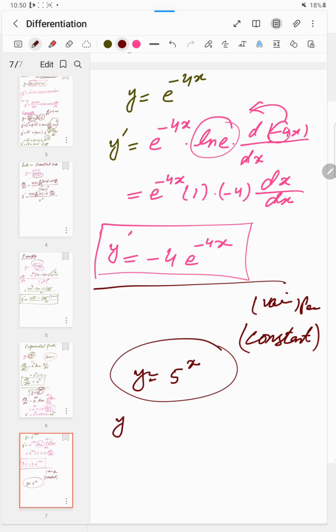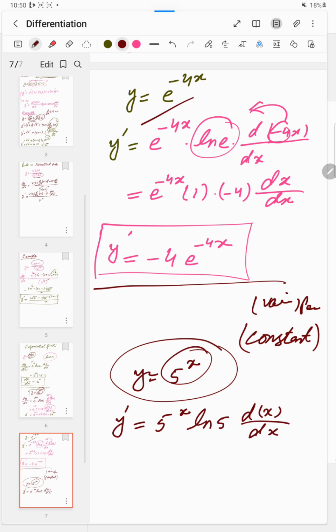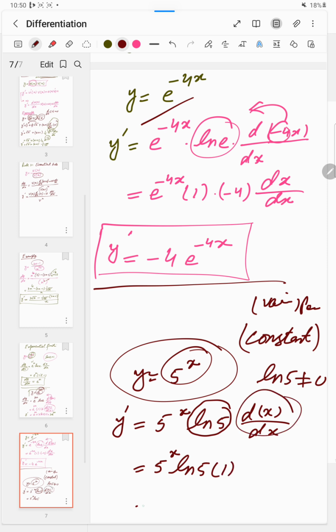So y prime is equal to, according to the exponential function, 5 raised to power x will be as it is, log of 5, and the derivative of the power. Log of 5 is not equal to 0, so it will be as it is, and the derivative of x is 1, so it becomes 5 raised to power x log of 5.